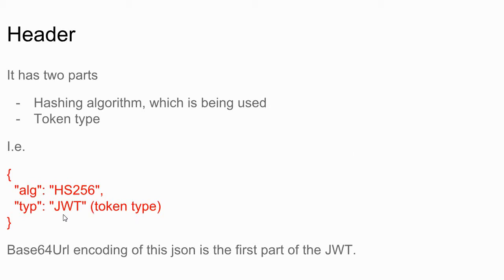Here is the example header. So this header declares that the encoded object is a JSON Web Token and that it is signed using the HMAC SHA256 algorithm. Now base64 URL encoding of this JSON is the first part of the JWT.